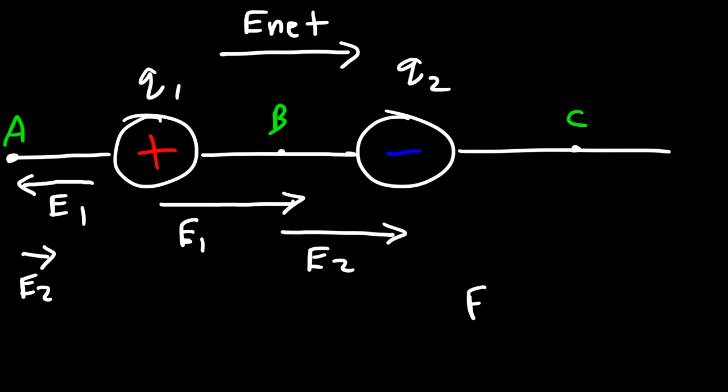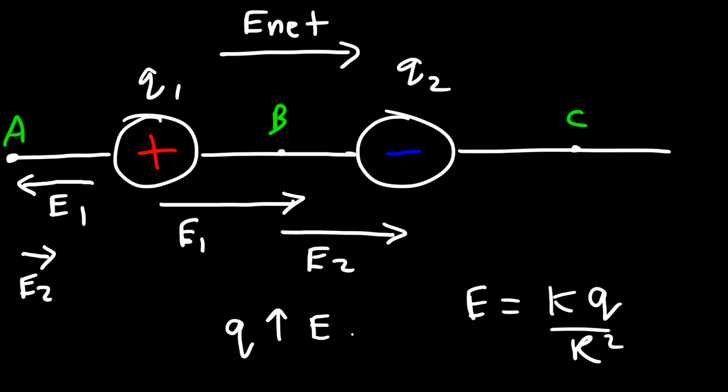So here's the formula for the electric field created by a charge. It's KQ over R squared. As you increase the magnitude of the charge, the electric field increases. As you increase the distance, the electric field decreases.